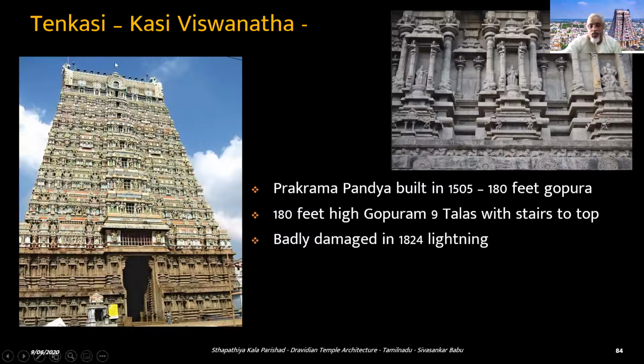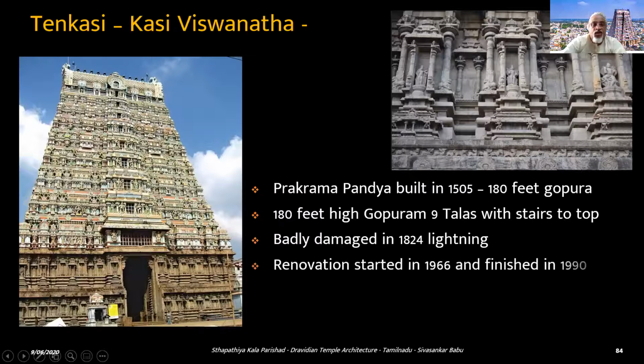This was badly damaged in 1824, and up to this it was split, and it remained like that till the 1960s. It was renovated and finished in 1990, somewhere during the same time as the Srirangam South Gopura.